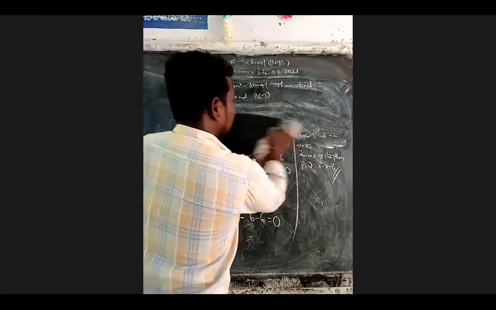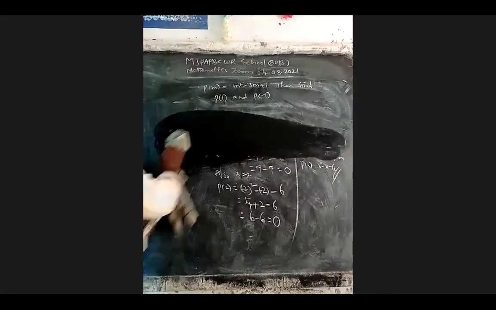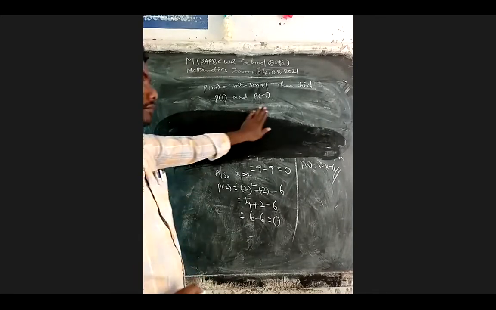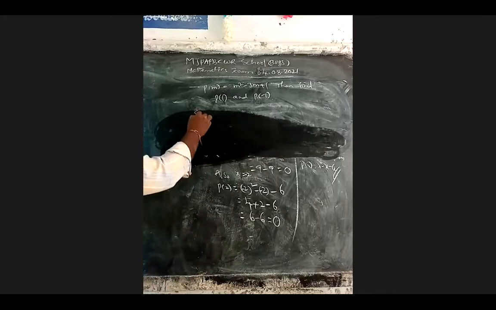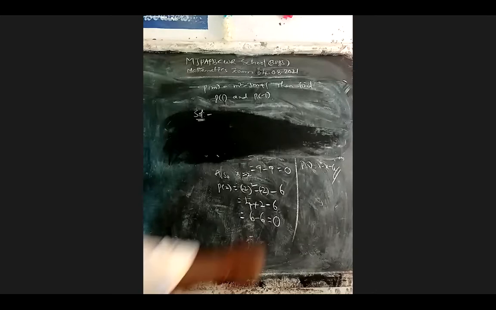Sir, P of 1 is minus 1 sir. Okay. P of minus 1 is minus 5 sir. Any other answers? Yes. 3 sir. P of 1 equals minus 3.